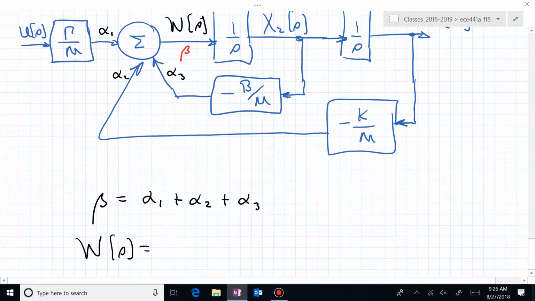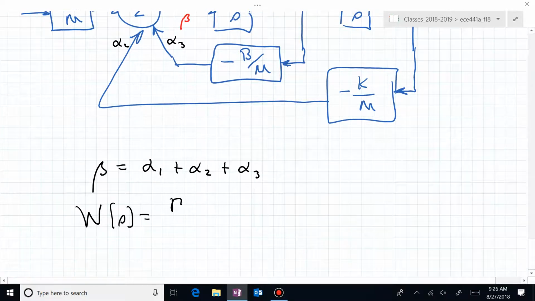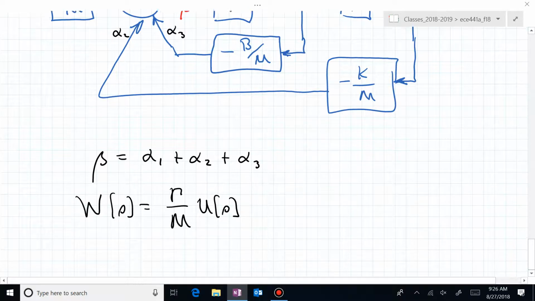That's a signal, and so it can't just be gamma over m. Gamma over m is a number. That's a gain. Alpha 1 has to be a signal, and it can be a signal in the frequency domain by scaling the input U with that gain gamma over m. Alpha sub 1 is then gamma over m U of s.